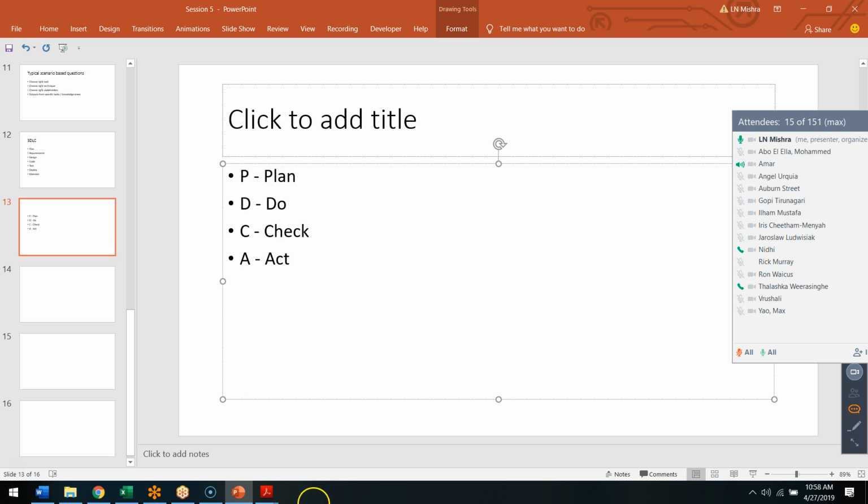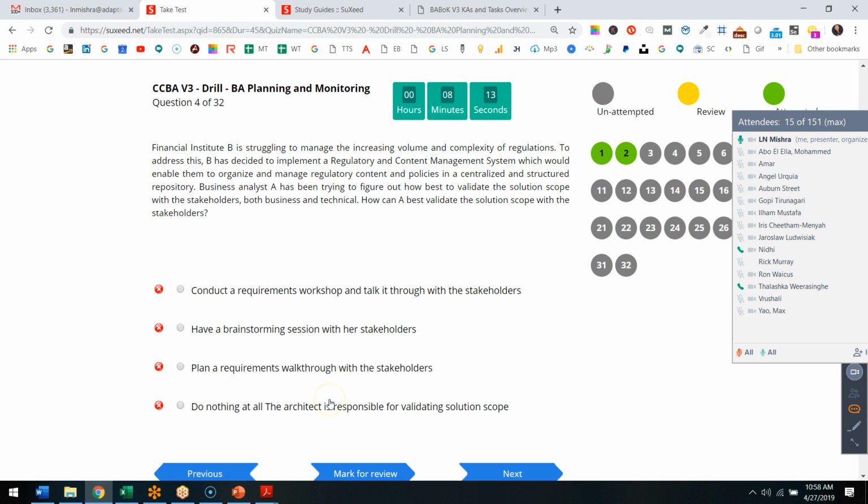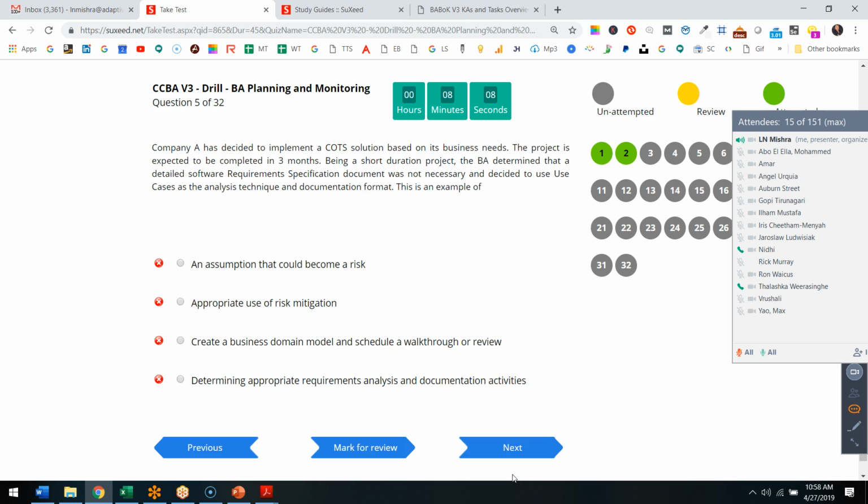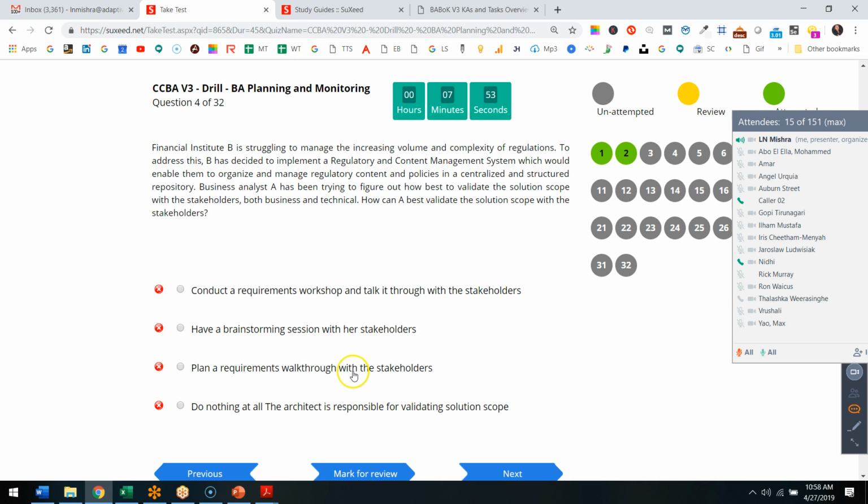Okay. Yeah. Thanks. Okay, so we had gone up to Ilham. Maybe one more question let me take from this chapter, then we can switch to the other chapter. This one goes to Gopi. By the way, what's the answer for that previous question? It is to plan a requirements walkthrough. Okay. So a walkthrough is something where we already know what we want, right?